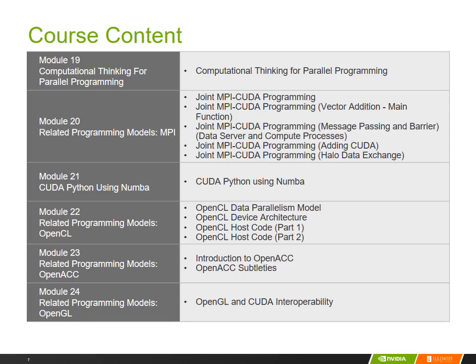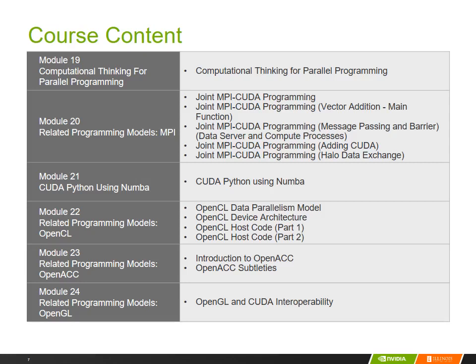Finally, we would get into several related programming models. The first one is MPI, and we focus on how a student can develop a joint MPI CUDA program so that they can take advantage of the increasing number of clusters with GPUs in each node.